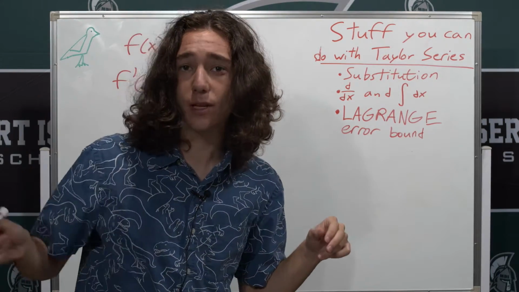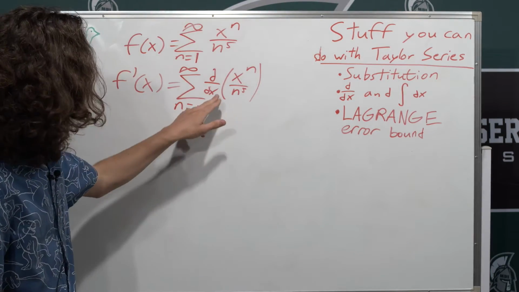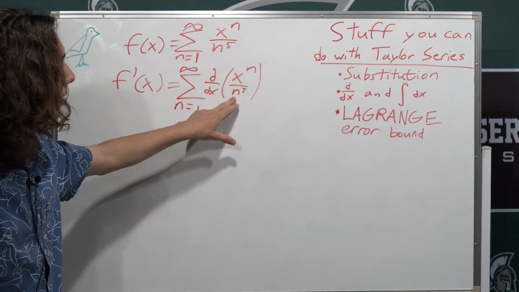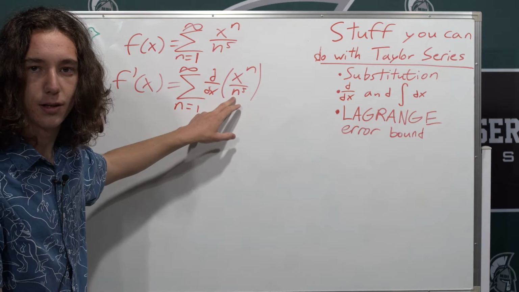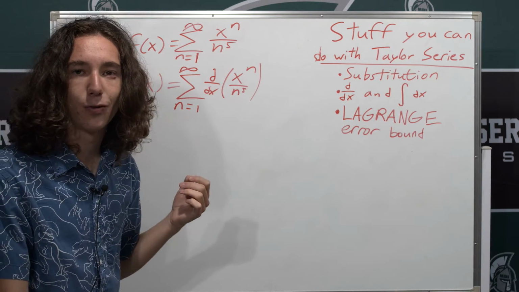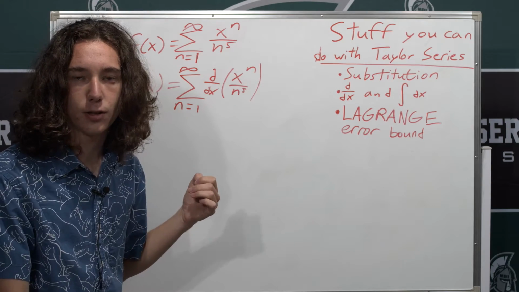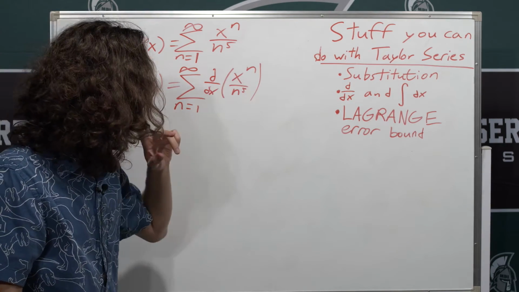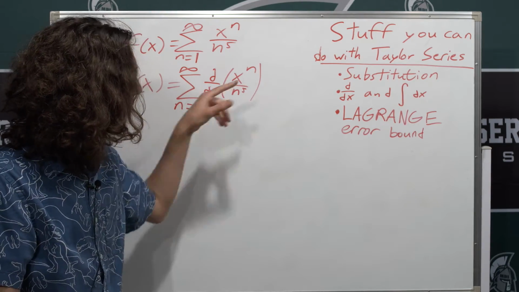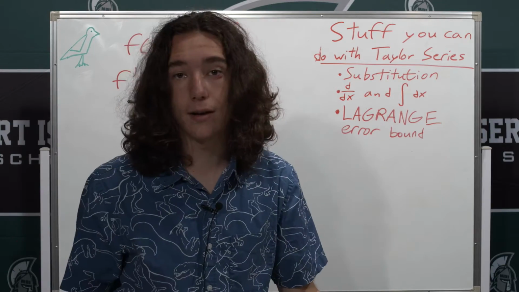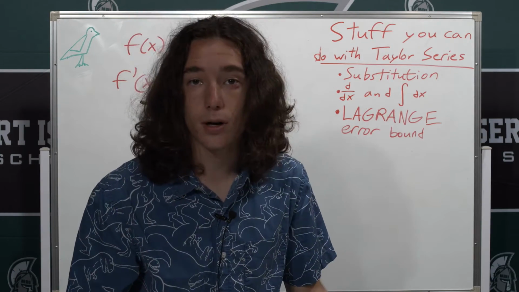That n is a counting variable, which means that in each individual term of this series, n is a constant, right? Like we had there with x squared over 32, n is just 2. And we'd know how to derive this if n was 2. And we know how to derive this if n is 3 and 4 and 5, etc. And so you can treat n in your derivative as if it were a constant.